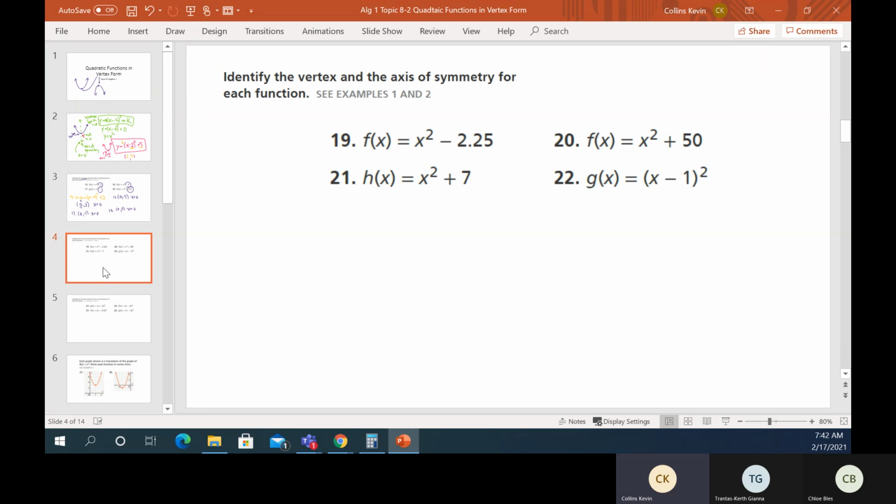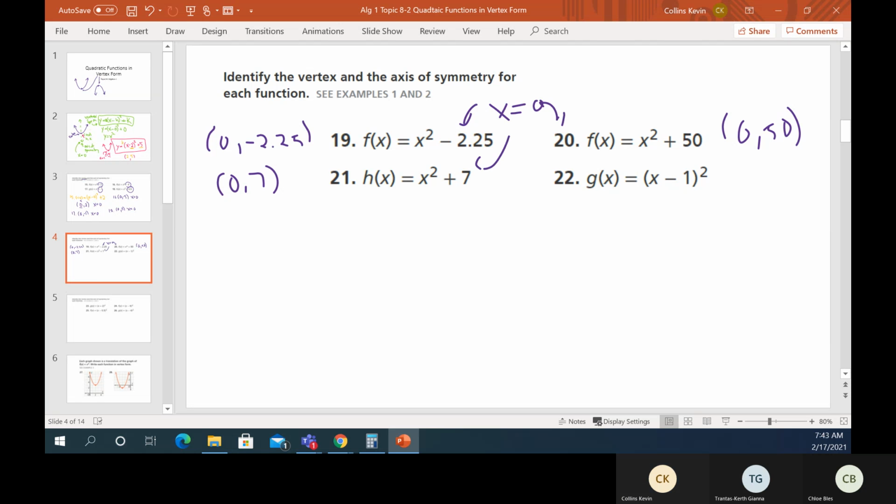This one here, again, we've got 0 and negative 0.225. This one here, we're going to have 0 and 7. This one here, we're going to have 0 and 50. And for all three of them, the axis of symmetry is x equals 0, right?